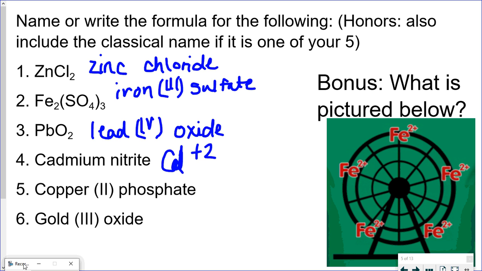Nitrite is one of your polyatomics. It is NO2 with a -1 charge. So whenever we crisscross, we get Cd(NO2)2.